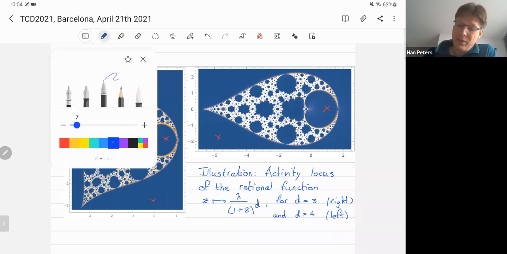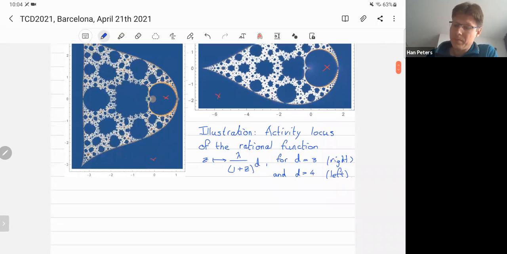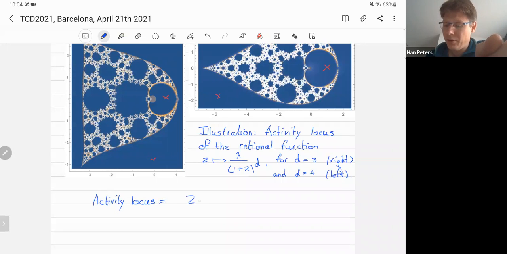Well, what can we say about these sets? A lot, but by the universality property of the Mandelbrot set, you can make the relation with the Mandelbrot set more precise. But there's something else I want to stress here, namely that the activity locus, so the parameters where this family is not normal for fixed d, equals the closure of the zero set minus the zeros.